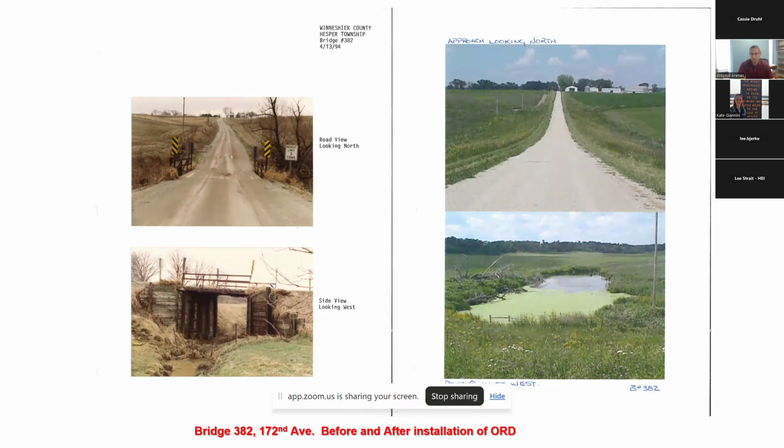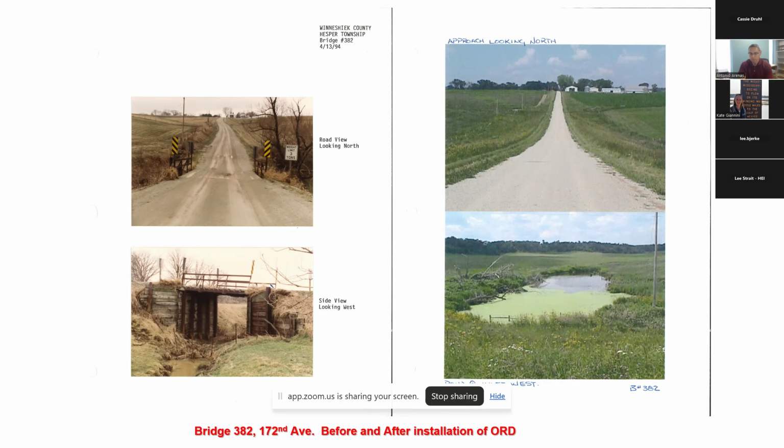This is probably my favorite example of it. That's the before and after of the bridge that was there and the structure we put in afterwards. Again, I'm looking at this from an engineering standpoint. That bridge is narrow. It's got a weight limit. Implements of husbandry today are heavy and wide. They don't like that bridge at all.